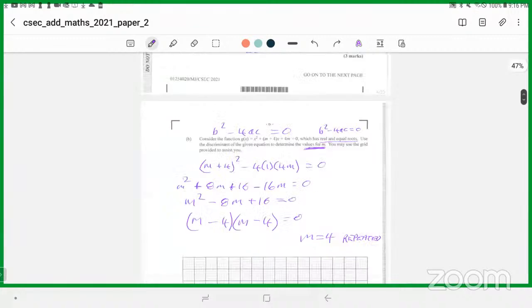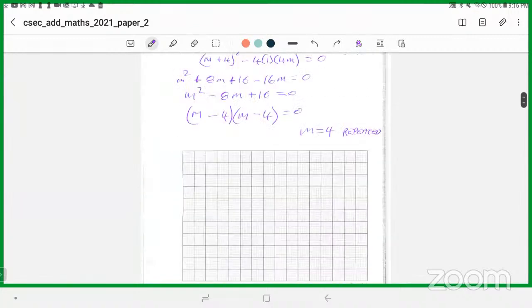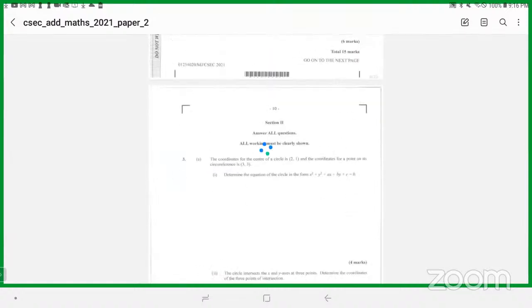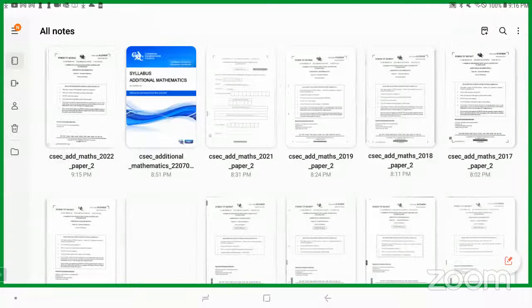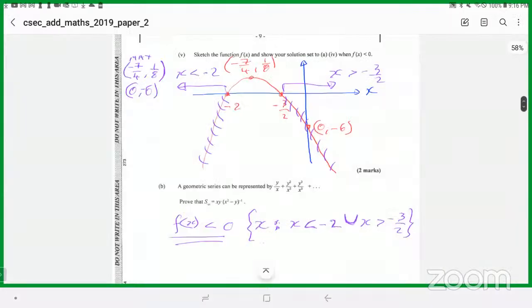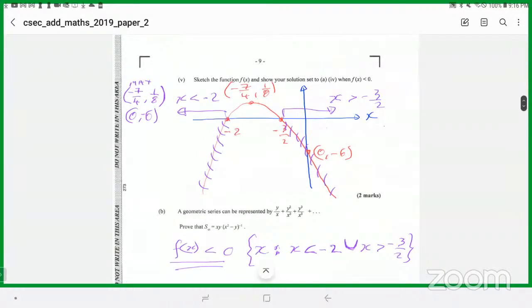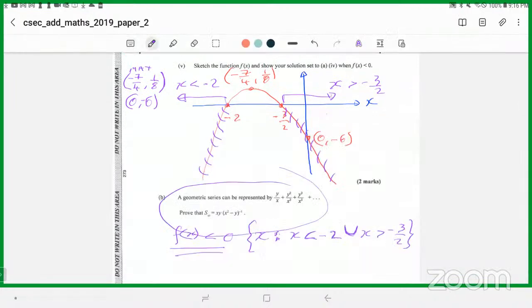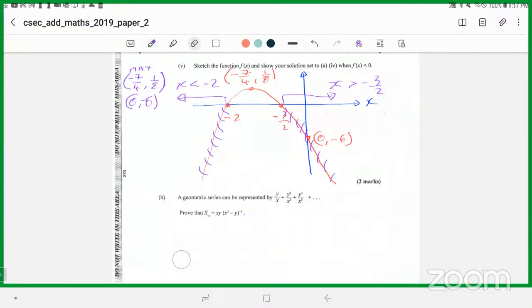Let's look at 2020. Let's look at 2019. Working our way down. All right, so this is a series question in 2019. You know this one. So let me erase this. Let me make it smaller.